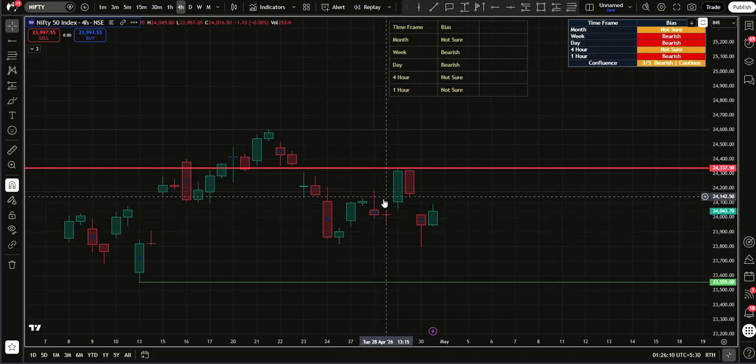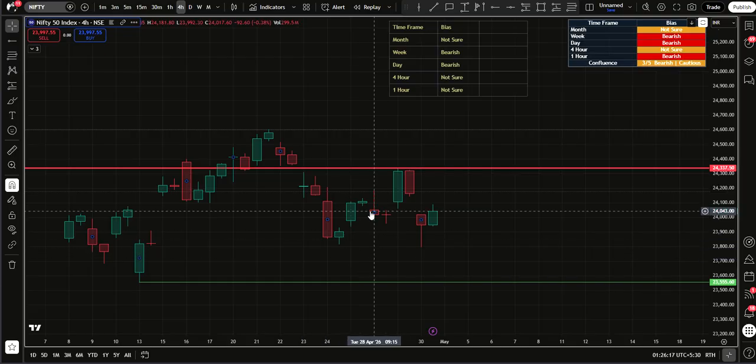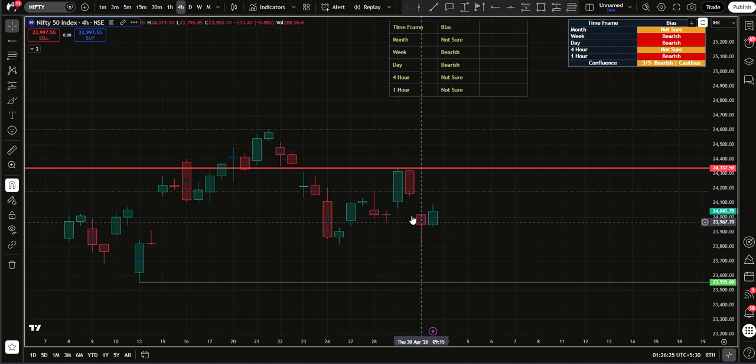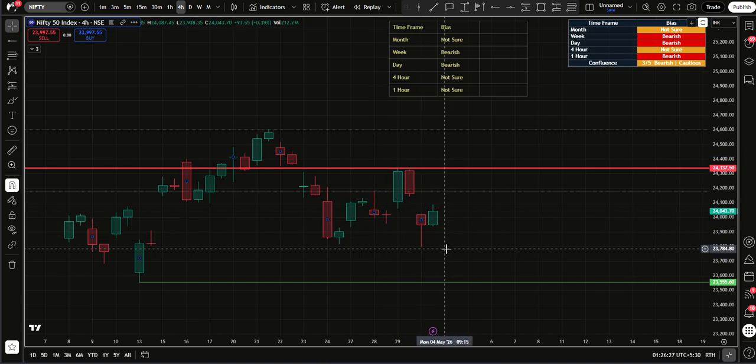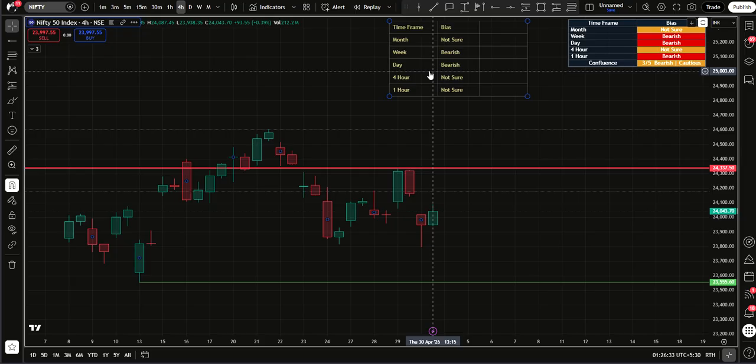Now this high has been taken, and for a bullish scenario, it has to be swing highs, higher lows. So higher low, this was a swing low, that low is also taken. So it looks like a very confusing give and take between buyers and sellers on a 4-hour time frame. So it is not sure.